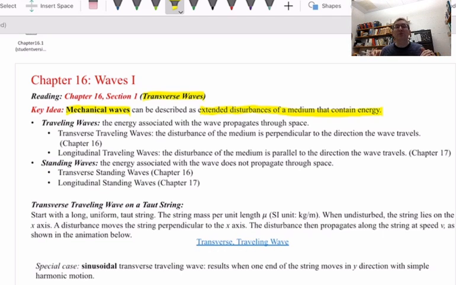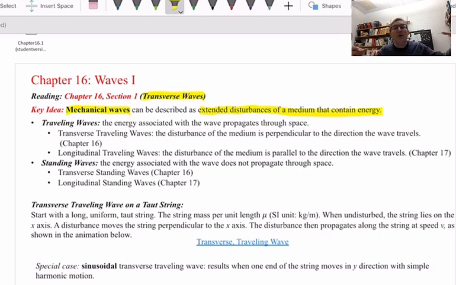You can have a situation, probably easier to do, say, in a bathtub, where the water is completely calm and the medium is undisturbed. But then if there's something disturbing the medium, then you see the water level going up and down. It's that disturbance of the water that is the wave, okay? And in a mechanical wave, this disturbance is extended.